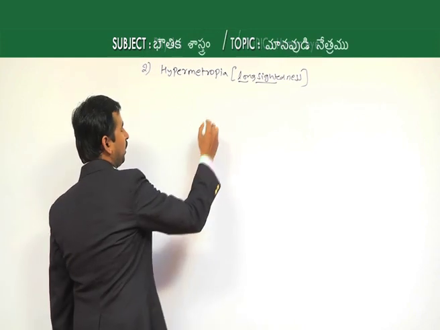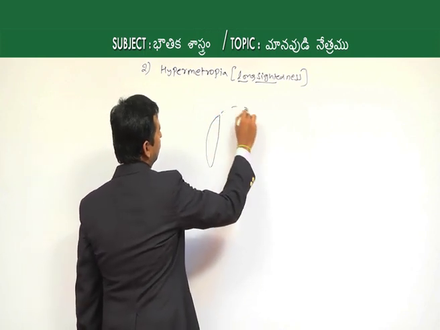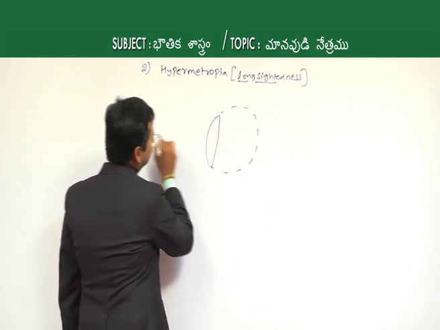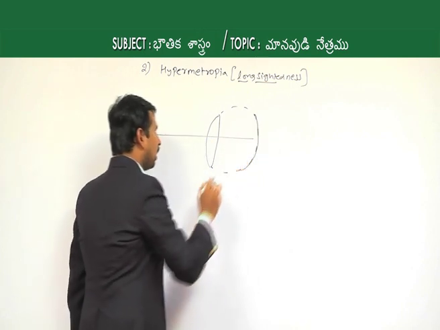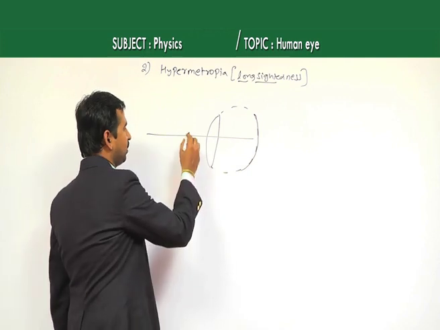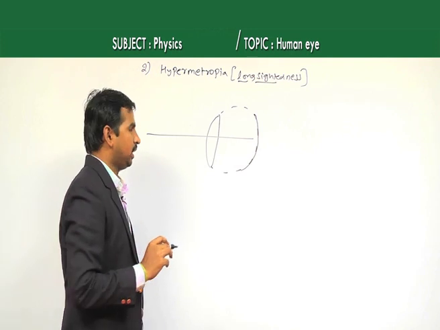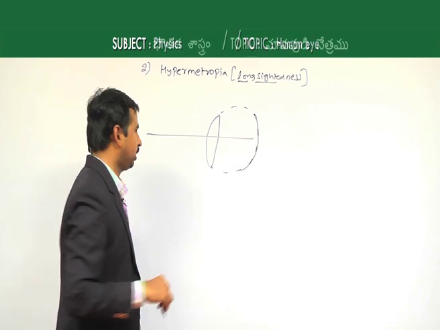Okay. Now, if you take the ray diagram for this eye lens, which is defected with the long sight, like this. As we do not have any problem with far distant objects, we can see them very clearly. The problem is with near distant objects.